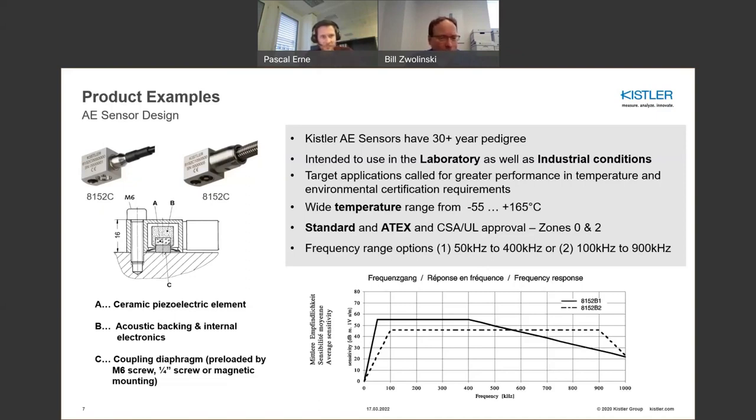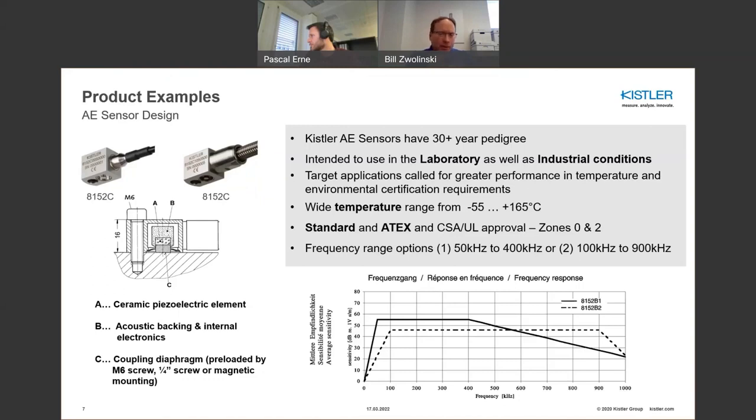Temperature ratings go up to 165 C and down to minus 55 C, and in a lot of the applications in the power and energy or energy and infrastructure segment, you often are in areas like in the oil and gas industry where explosive or hazardous environments exist, either all the time or maybe some of the time. So in those cases, you need to have certain classifications and certifications of the equipment, which is called ATEX or CSA approvals, and we'll talk about that a bit. But these sensors absolutely have that.